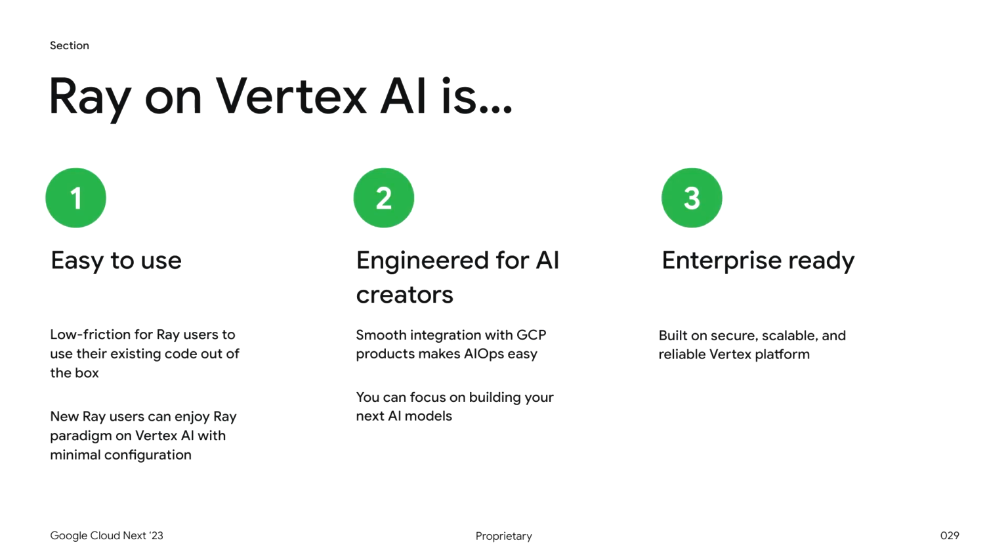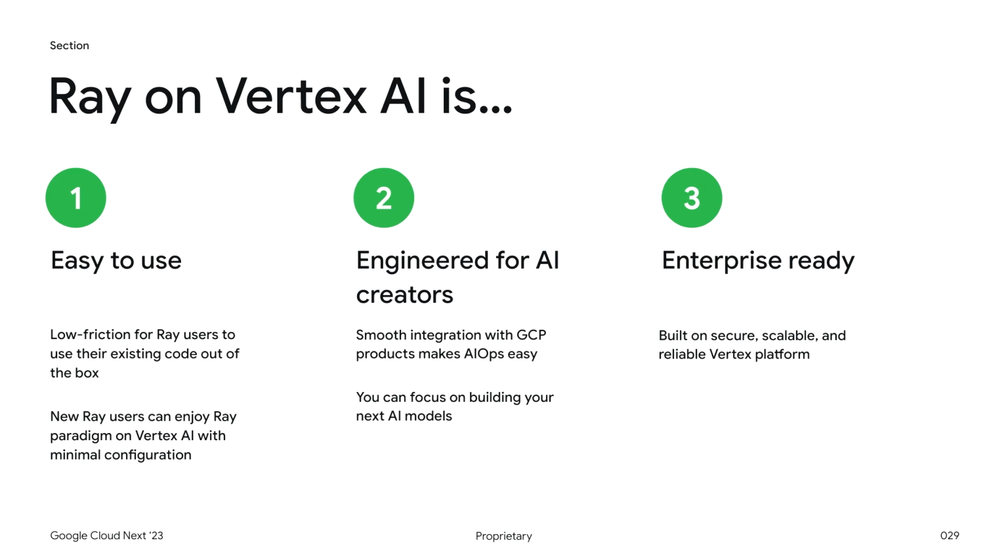All right, to sum up our time together, if you remember nothing else from this session, I want you to remember 3 E's: easy to use, engineered for AI creators, and enterprise ready.